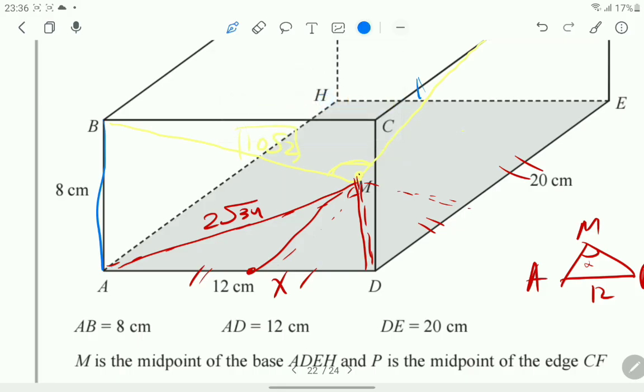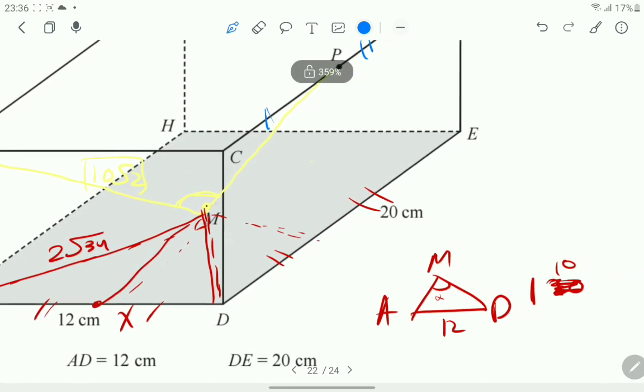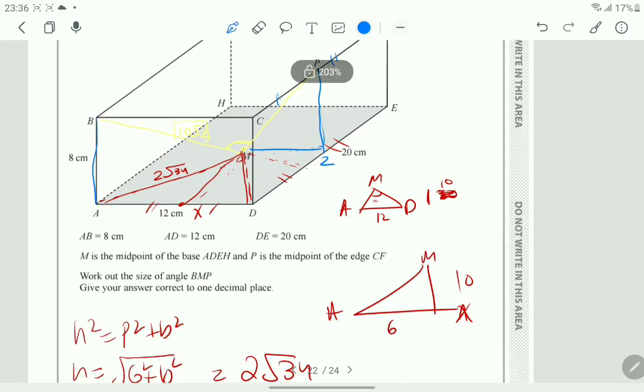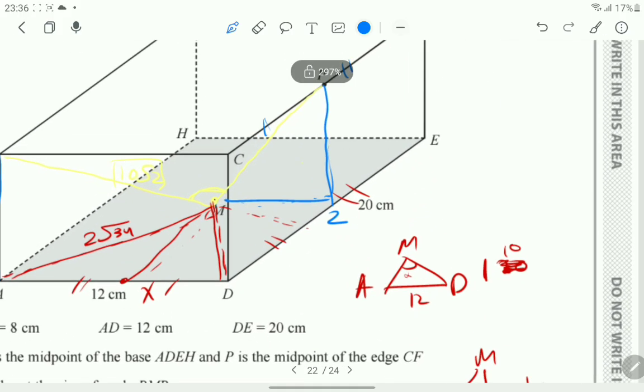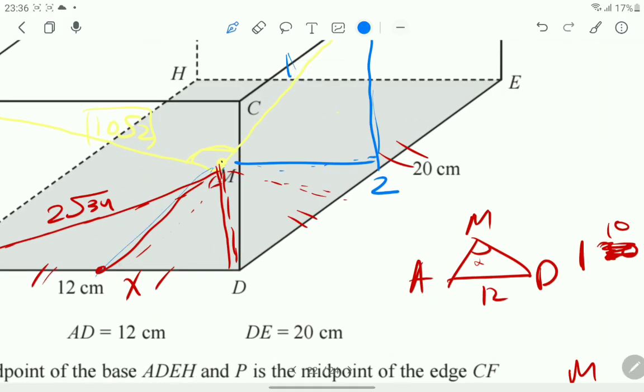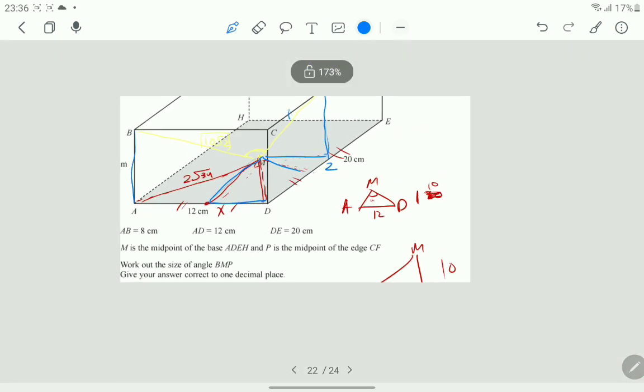And the second relevant length in this is the length PM. So in order to find PM, we create another imaginary line from M to, let's say, Z, and ZPM would be another triangle. Let's imagine this. ZPM, PZ is 8 centimeters as the height of the cuboid, and ZM is 6 centimeters, because if we imagine this, this is half of AD and half of AD is 6.